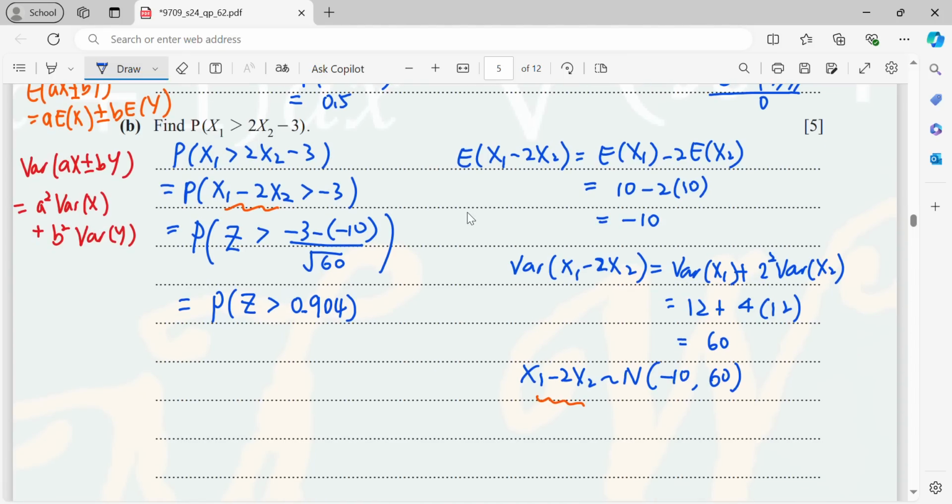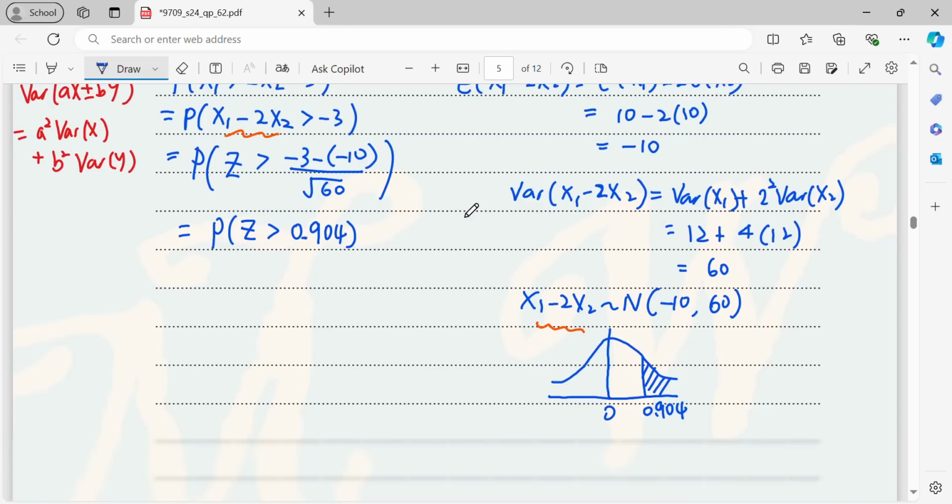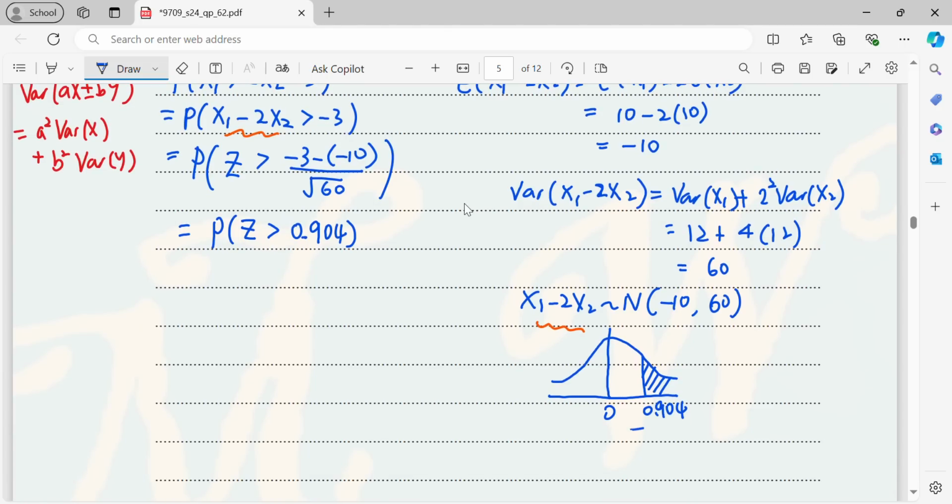So now sketch a graph. Once you have standardized, then you just sketch a graph. So here is 0.904 and the region is greater than. That means from the table you are only given the region which is less than. So now the total probability is 1 minus the previous region.